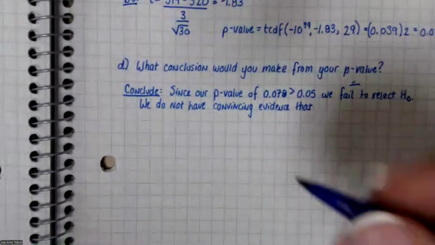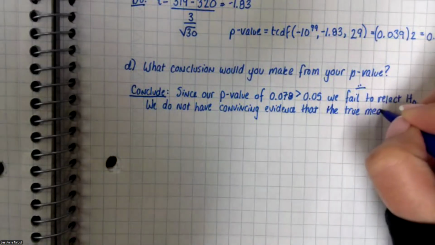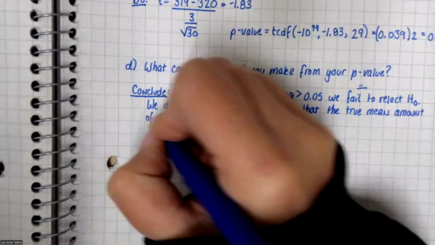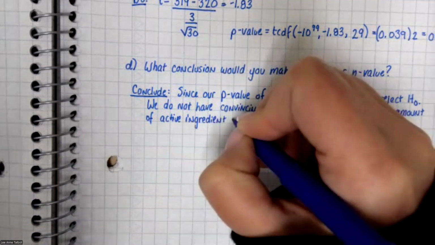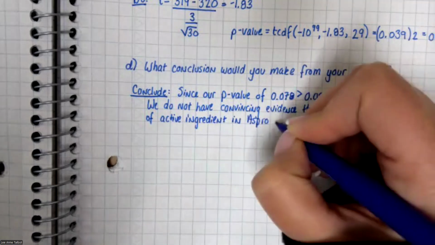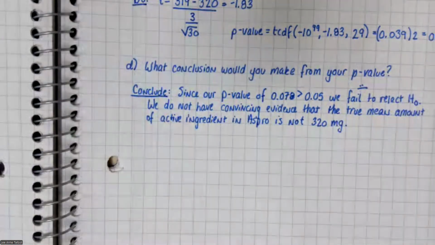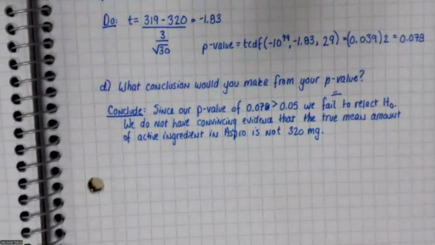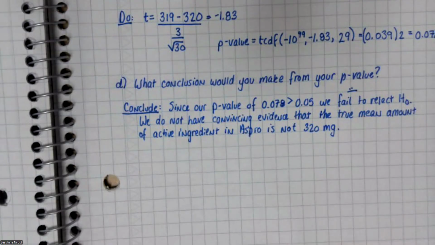It's a double negative, but that's what it is. Okay, what that means is they didn't find any evidence that they have the wrong amount in their tablets, but you can't conclude that they do. You just don't find enough evidence to say that they do.